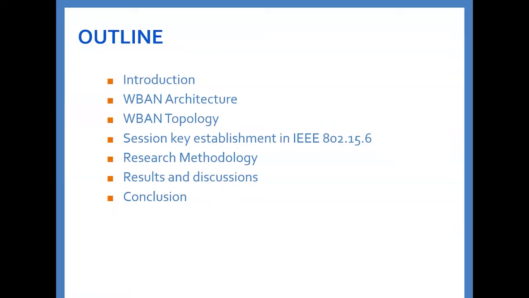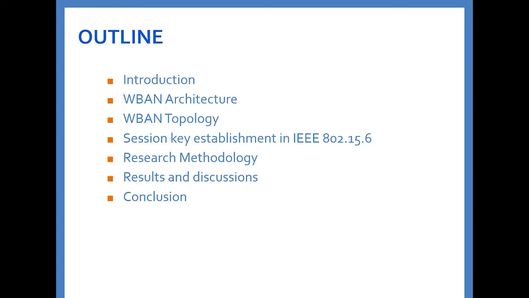This is the simple outline of my presentation. First, I start with the introduction of wireless body area network, WBAN architecture and WBAN topology. Then I will shift my attention towards the mutual authentication and session key establishment process in IEEE 802.15.6.